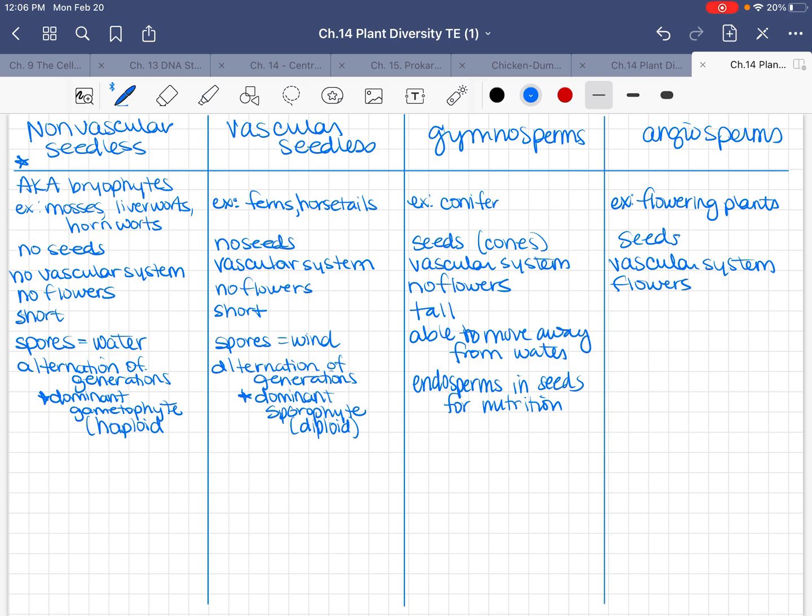They could be tall or short. Also able to move away from water, also have the endosperms. These are the most dominant plant type on Earth now. All right, there's our differences between our non-vascular seedless and our vascular seedless.